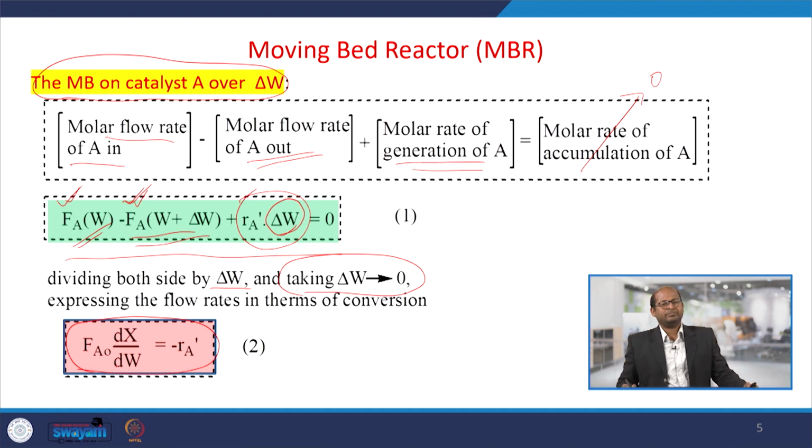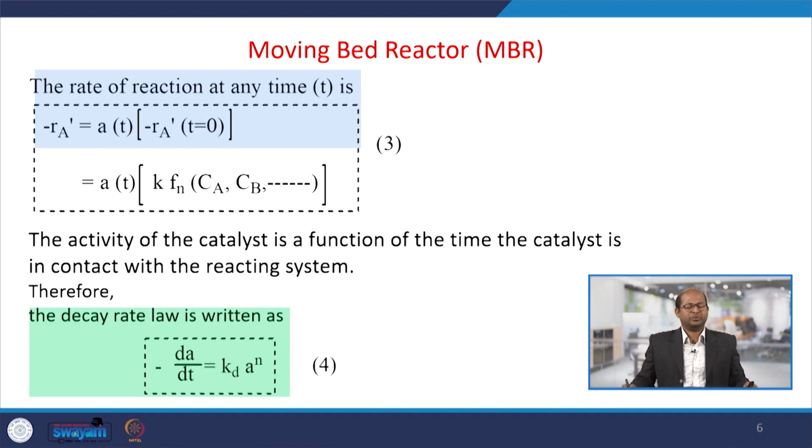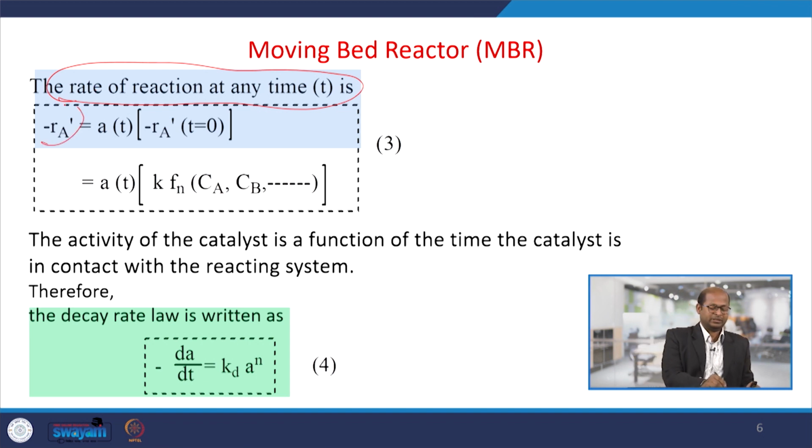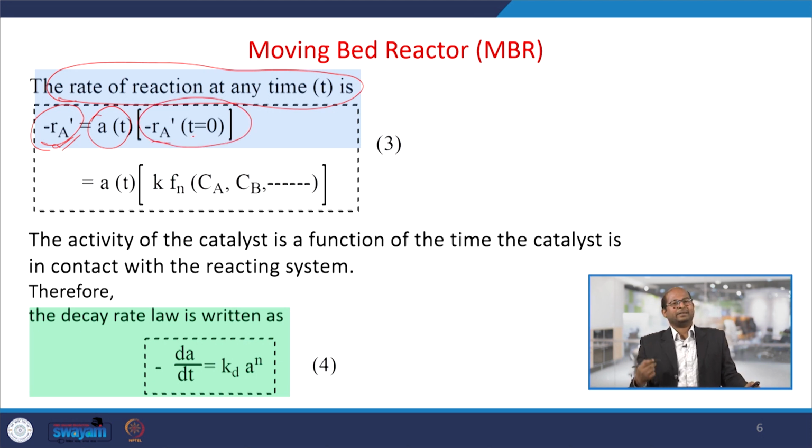This is the differential form of the design equation for this moving bed reactor. Now, regarding the rate of reaction at any time, the catalyst is going to deactivate as time progresses. So minus R A prime, the rate of reaction in the reactor for reactant A, is given by this: this is the activity term, and this is the rate at the beginning, when fresh catalyst was charged into the reactor at time t equal to 0.